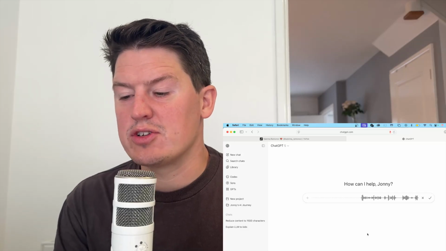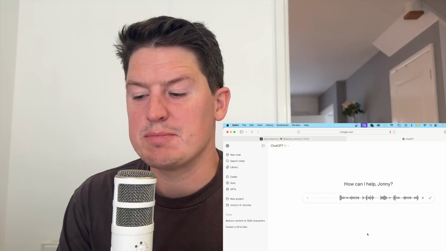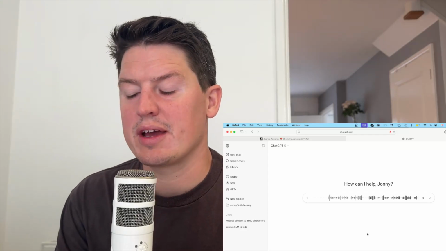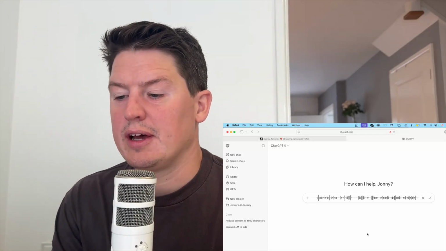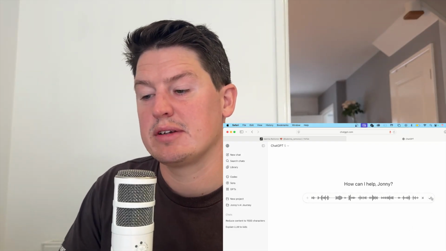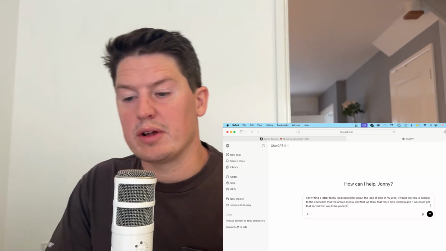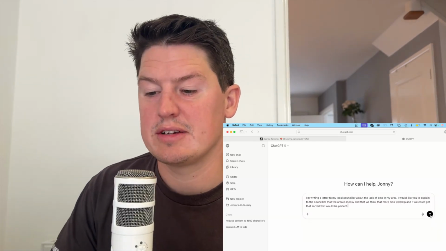I would like you to explain to the councillor that the area is messy and that we think that more bins will help. And if we could get that sorted, that would be perfect. That was a bit waffly, but condense that into a nice letter.